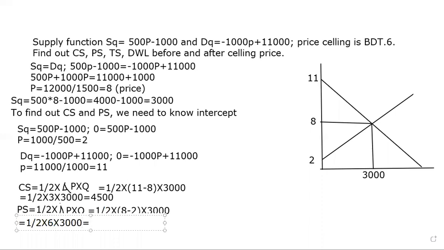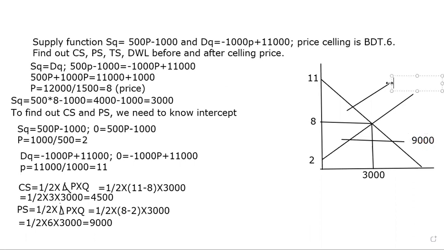Right now we will get our producer surplus, that is 9,000. So our producer surplus here is equal to 9,000.